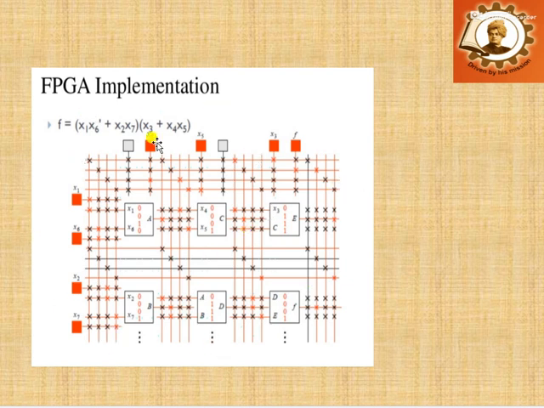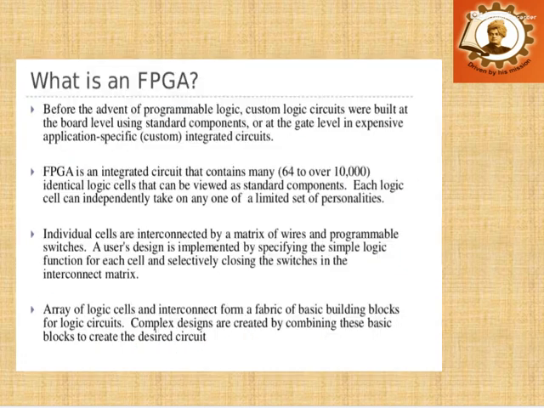So what is an FPGA? Basically, an FPGA provides logic blocks that are treated as simple standard components of your system. An FPGA integrated circuit contains 64 to 10,000 identical logic cells, and these cells can be treated as standard components, such as an OR gate, AND gate, or NAND gate.